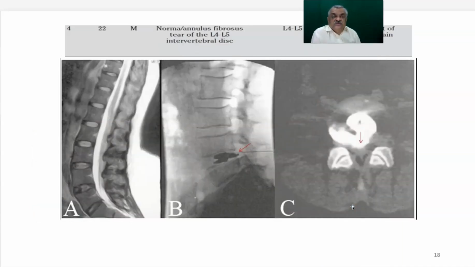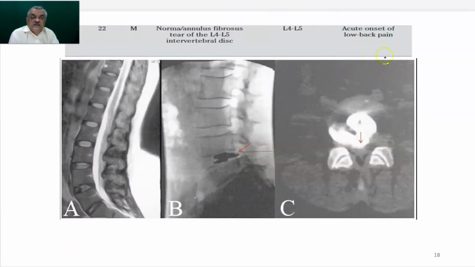Now quickly we will touch this issue of discography, because we have found that there are a lot of misconceptions about discography. Now this is a patient who is a 22-year-old male and has a scan which looks fairly normal, as you can see here. But when we do a discogram, you will find there is an annular tear here in the annulus.